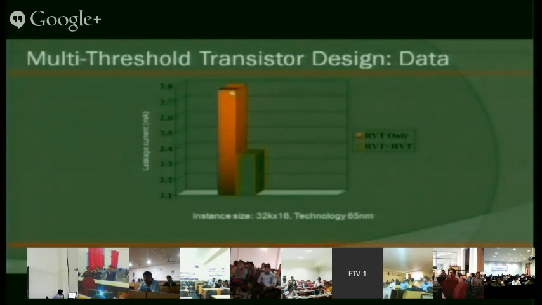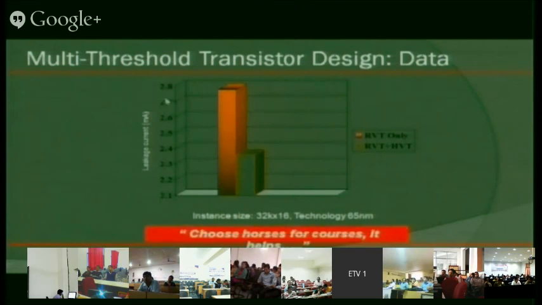This block, using one type of transistor only, regular VT, is around 2.9 milliampere. This one uses regular VT as well as high VT, and here it is 2.3 milliampere. So you can see how much you have reduced the leakage current by employing this particular transistor. So choose horses for courses, it helps.